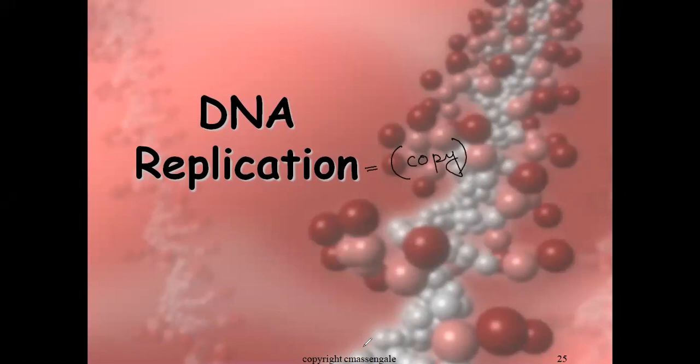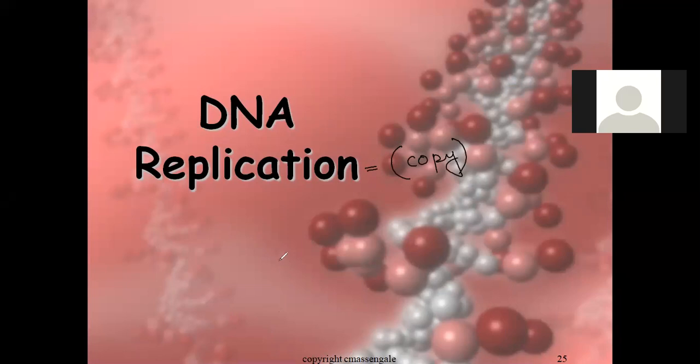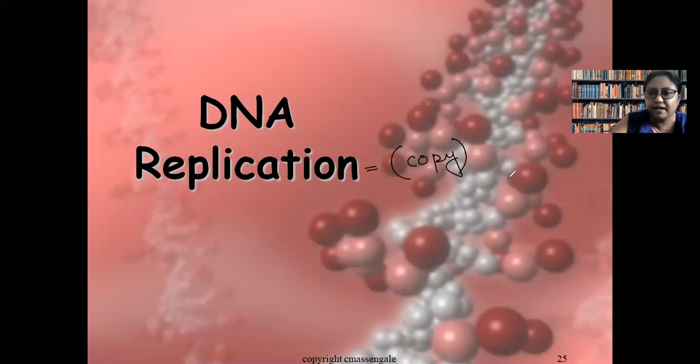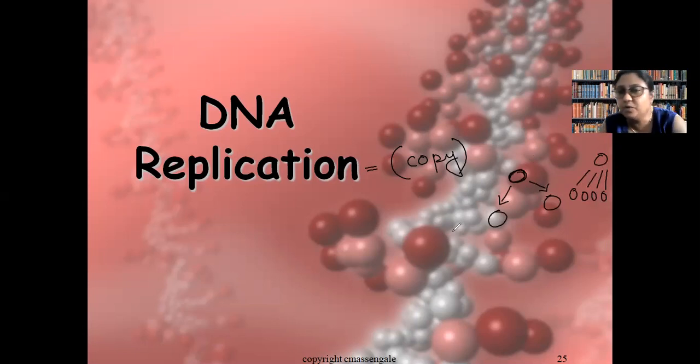Class? Ma'am, so it can be passed to other generations. Very good. We studied that two types of cell division are there, mitosis and meiosis. In mitosis a cell is divided into two cells, or in meiosis a cell is divided into 4 cells. Now in either case, the genetic material of a single cell will not be enough to be distributed into several cells.